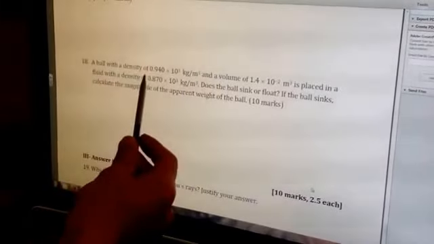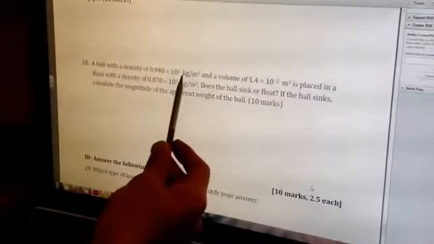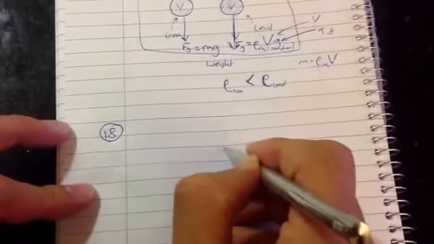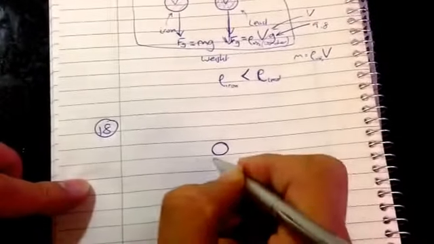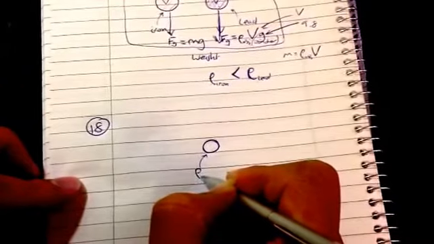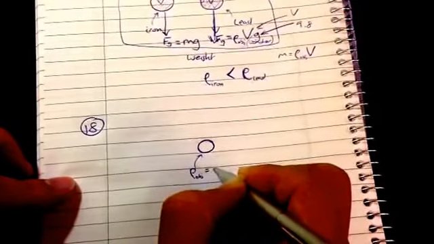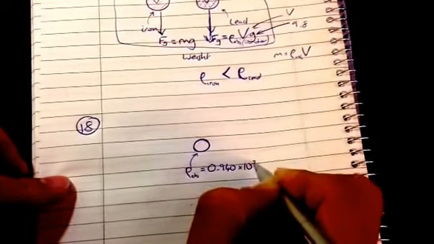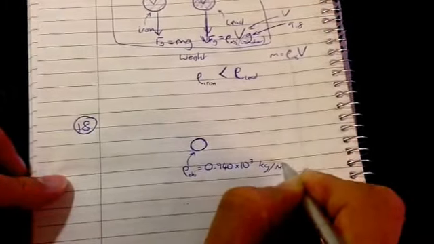A ball with a density of 0.94 times 10 to the 3 kilograms. So let's draw that and add that to our notes. So it said here a ball, and the density of this ball, the density of the object, is 0.940 times 10 to the 3 kilograms per meters cubed.